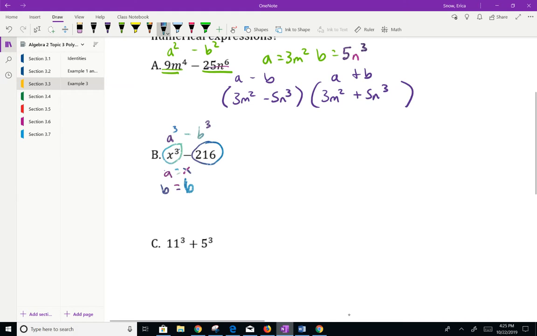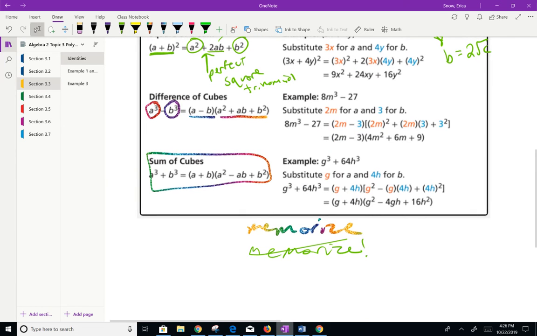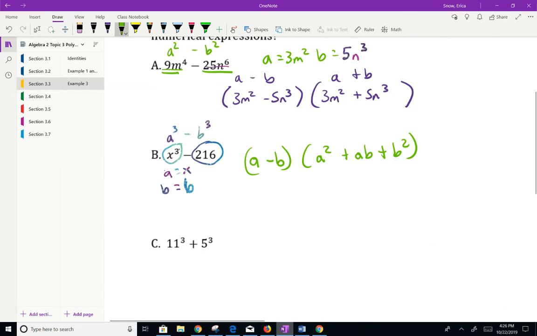So we know that this is a minus b times a squared plus ab plus b squared. And I got that just straight from here. Not a plus b, because it's a difference. So now we're going to have x minus 6 times x squared plus 6x plus 36.